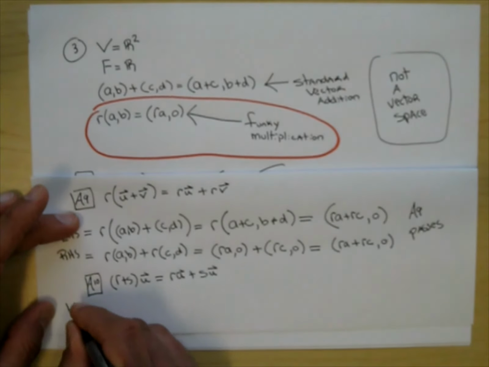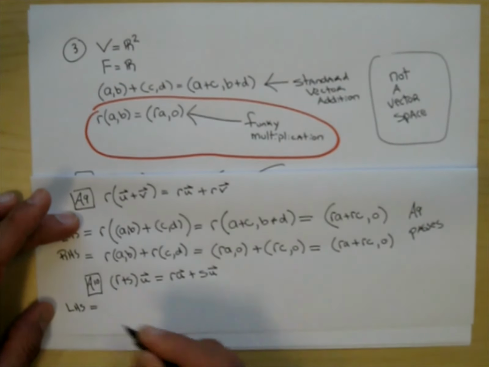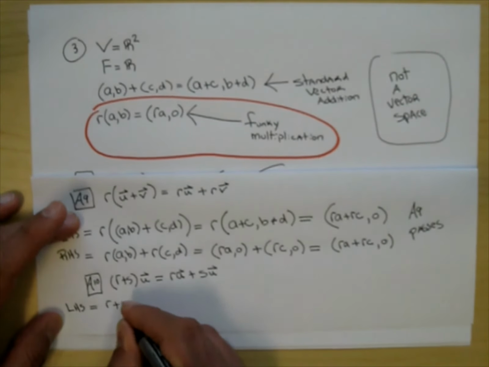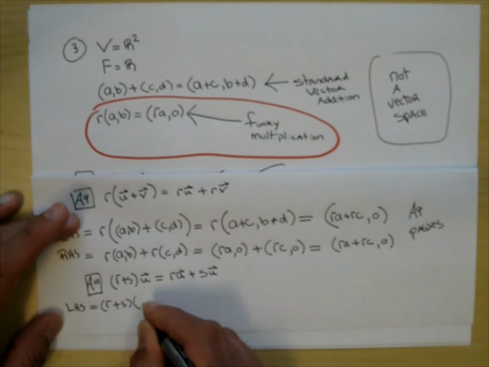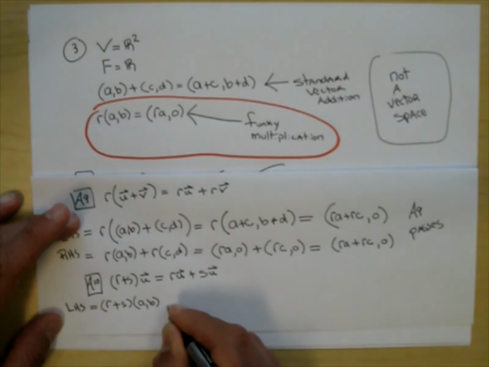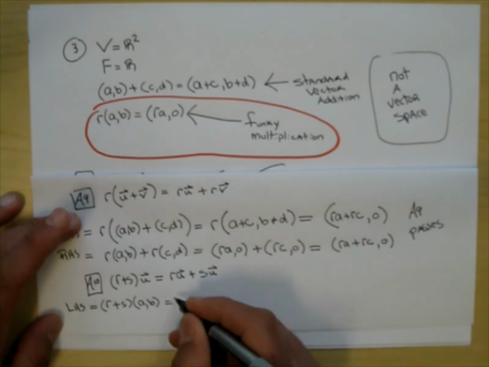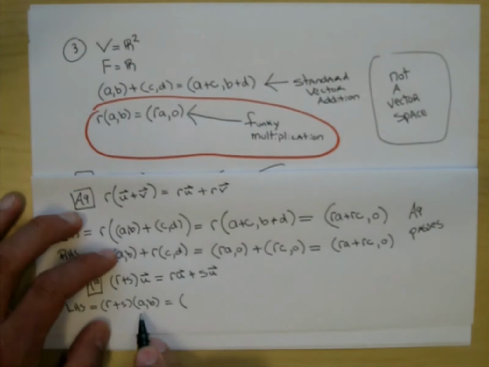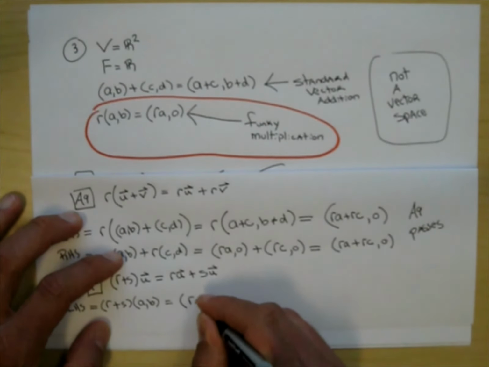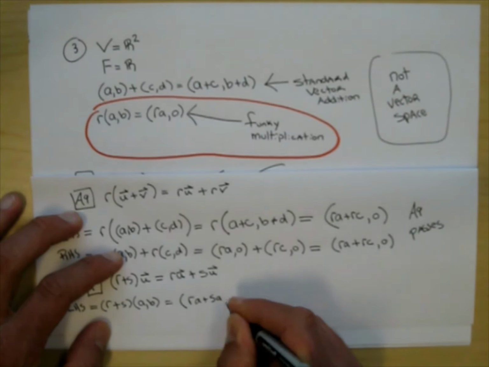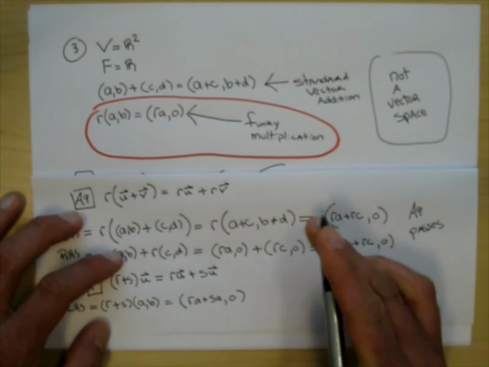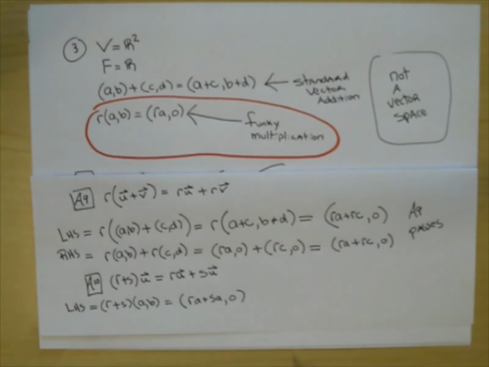Okay, the left-hand side gives me R plus S, and then U will let it be AB like we've been doing. Funky multiplication says R plus S times A, which is really going to be RA plus SA, and then the last coordinate is 0, so that's funky multiplication.